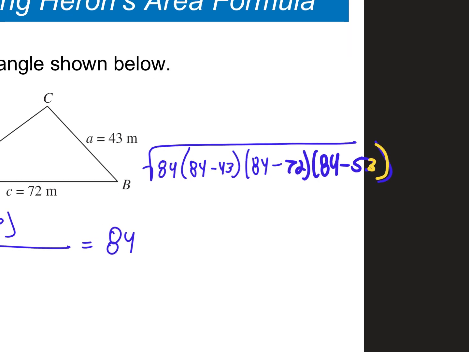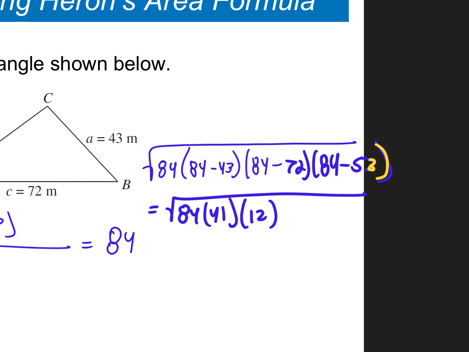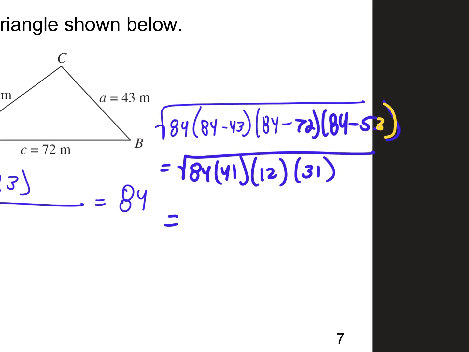And then we're just going to simplify, guys. I'm going to keep my 84 here. What's 84 minus 43? 41, okay. What's 84 minus 72? 12. What's 84 minus 53? 31. All right, now we're going to multiply all those numbers together. So 84 times 41 times 12 times 31 is a big old number.